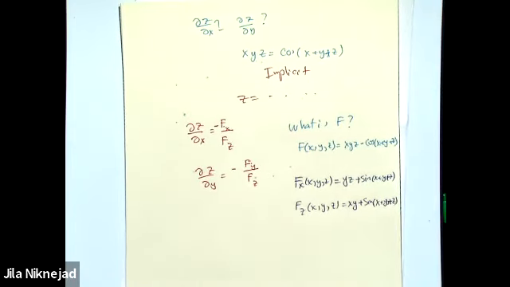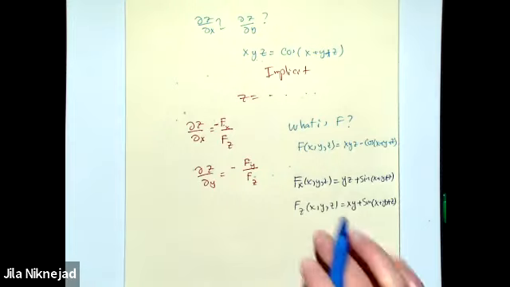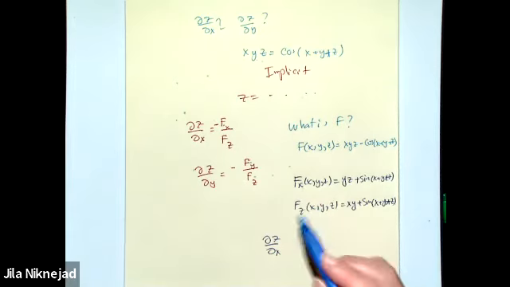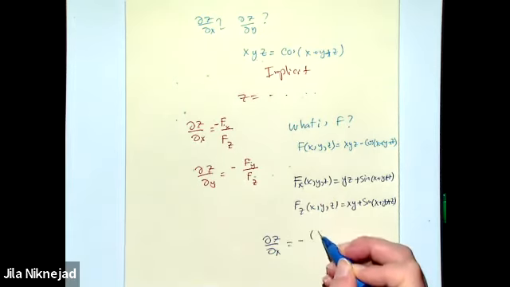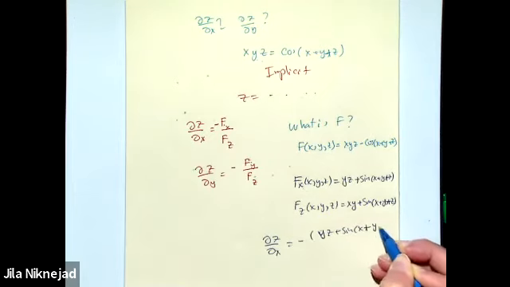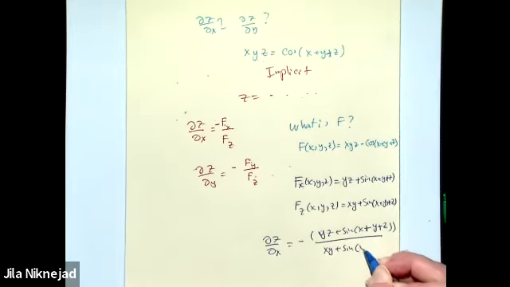Now, implicit differentiation, was there a point? No, there wasn't any point. So if I'm computing partial of z with respect to x, it would be negative yz plus sine of x plus y plus z divided by xy plus sine of x plus y plus z.